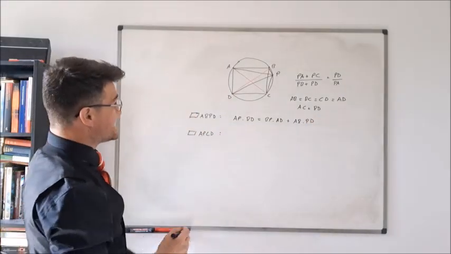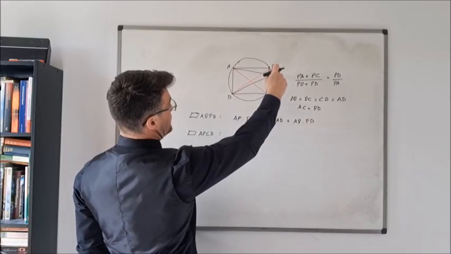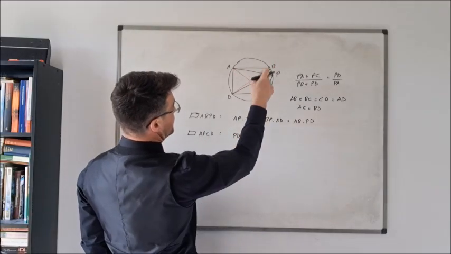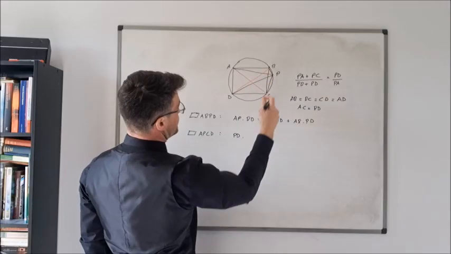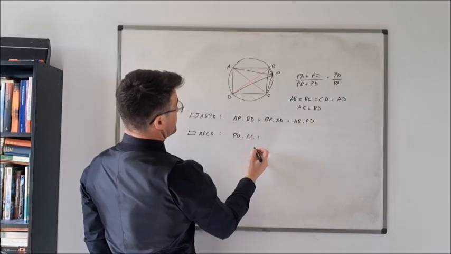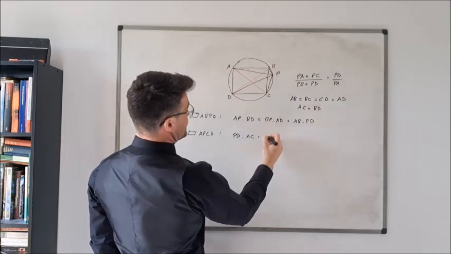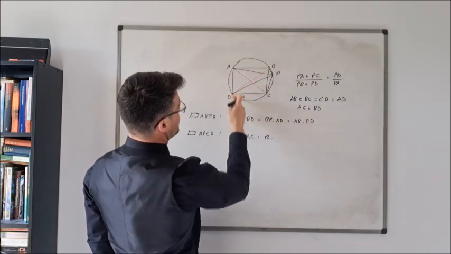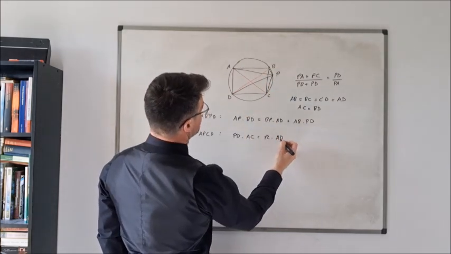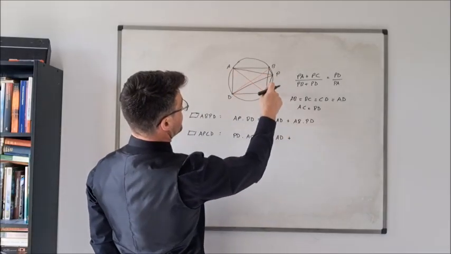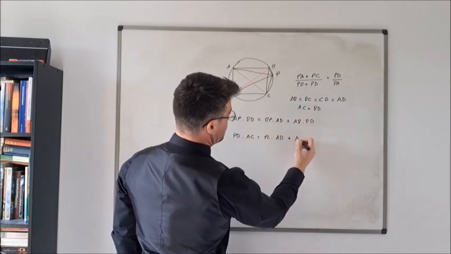And in APCD, the diagonals are PD and AC. And the opposite sides are PC times AD plus AP and DC.